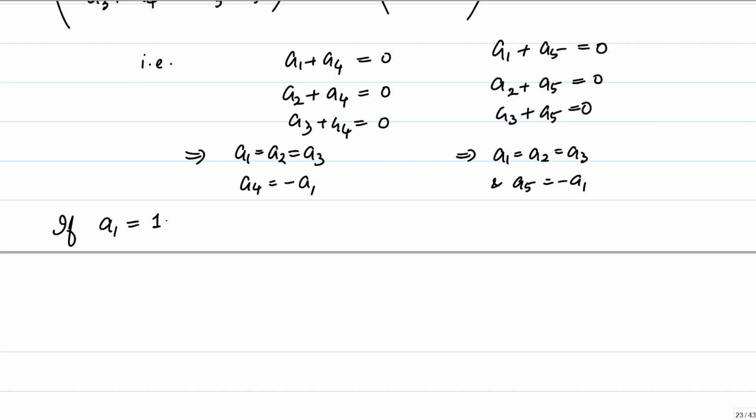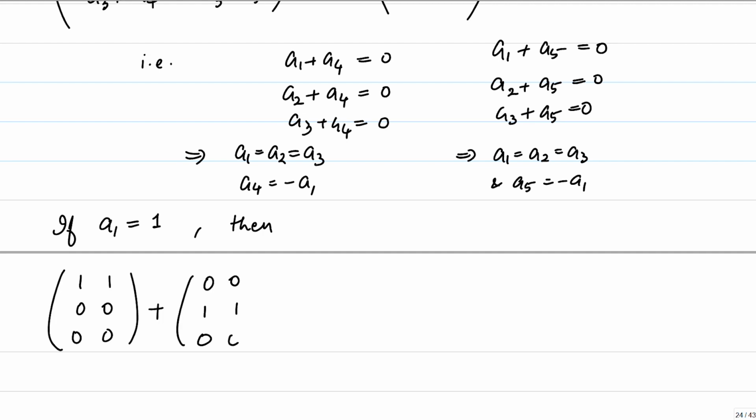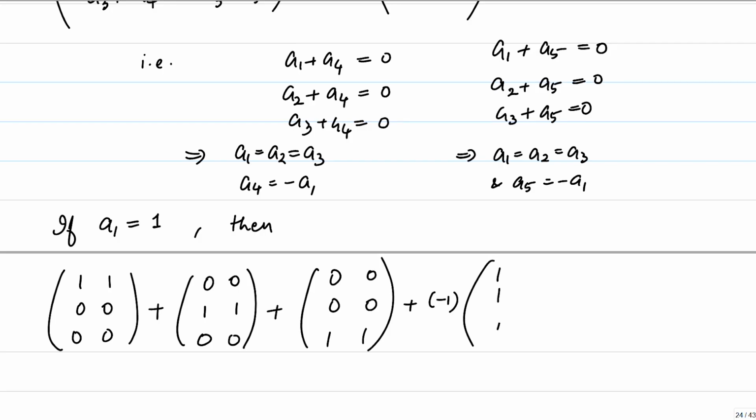So, then what do we have? Then let us check for 1, 1, 0, 0, 0, 0 plus 0, 0, 1, 1, 0, 0 plus 0, 0, 0, 0, 1, 1 plus minus 1 times 1, 0, 1, 0, 1, 0 plus minus 1 times 0, 1, 0, 1, 0, 1.